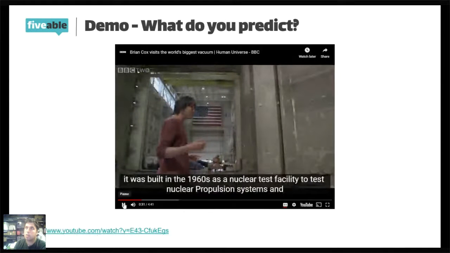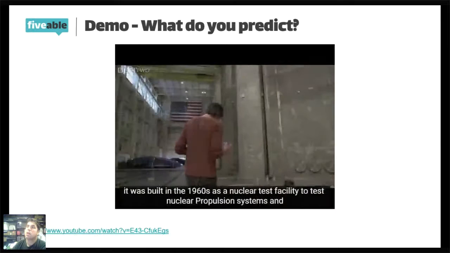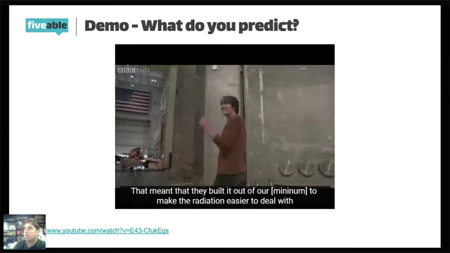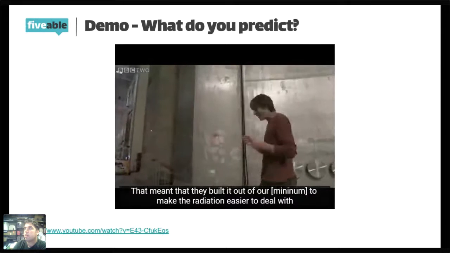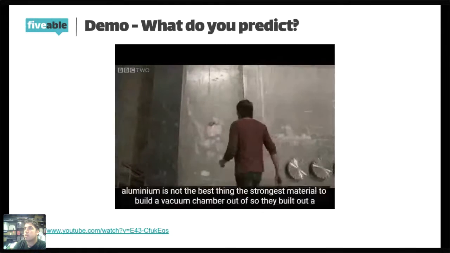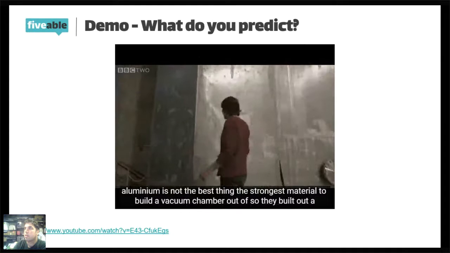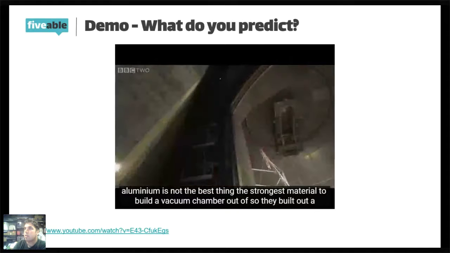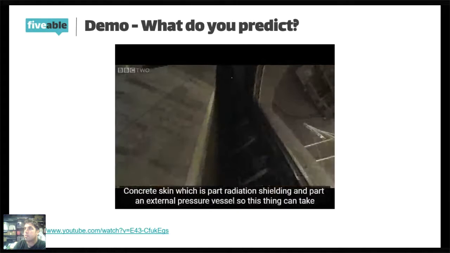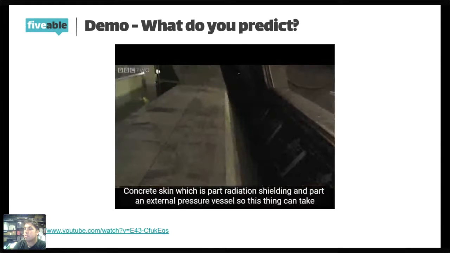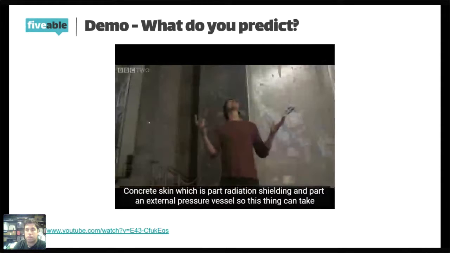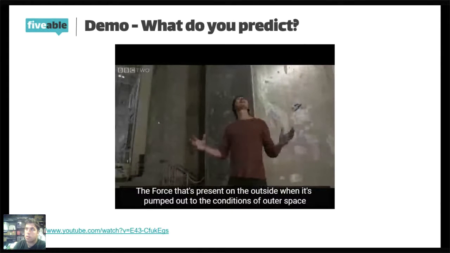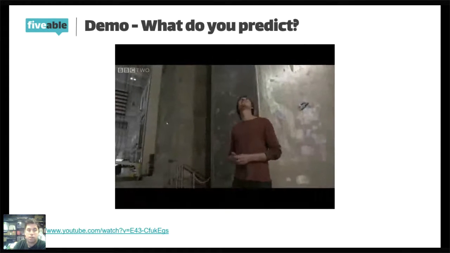It was built in the 1960s as a nuclear test facility to test nuclear propulsion systems, and that meant that they built it out of aluminium to make the radiation easier to deal with. Aluminium is not the strongest material to build a vacuum chamber out of. So they built out a concrete skin, which is part radiation shielding and part an external pressure vessel, so that this thing can take the force that's present on the outside when it's pumped out to the conditions of outer space.